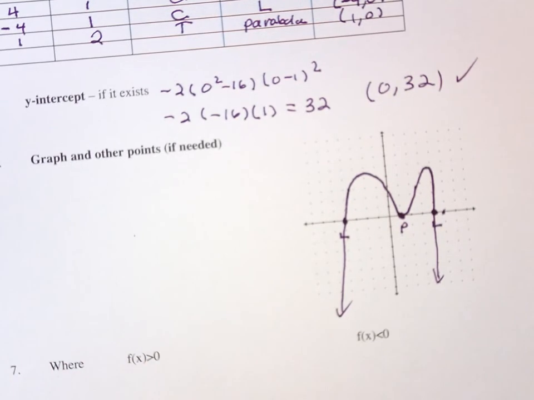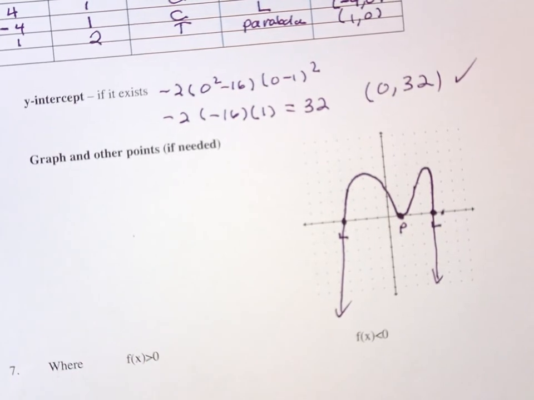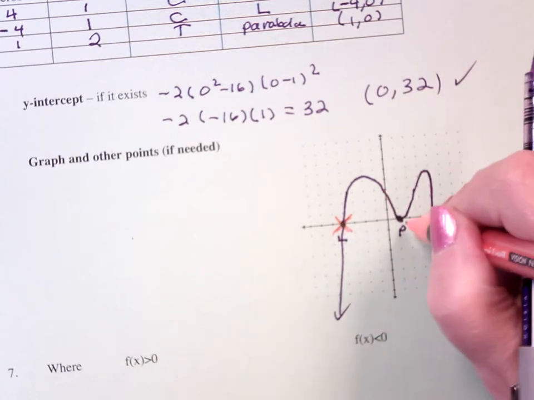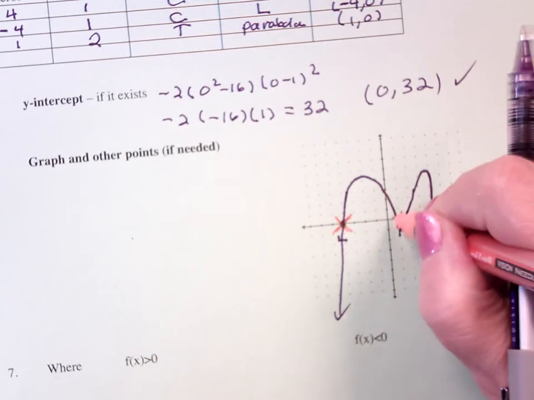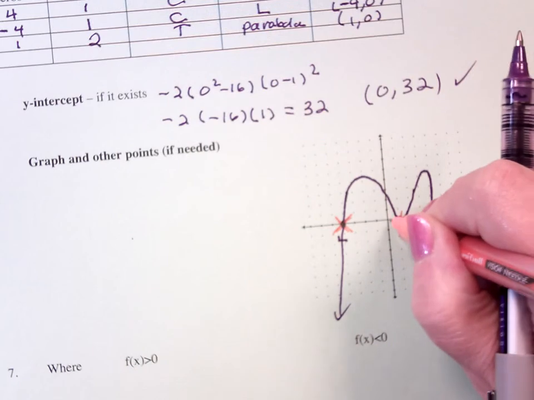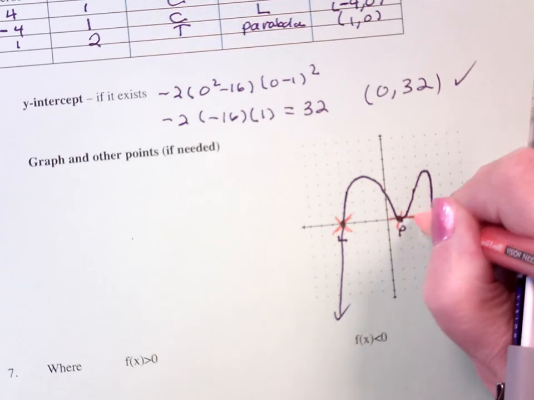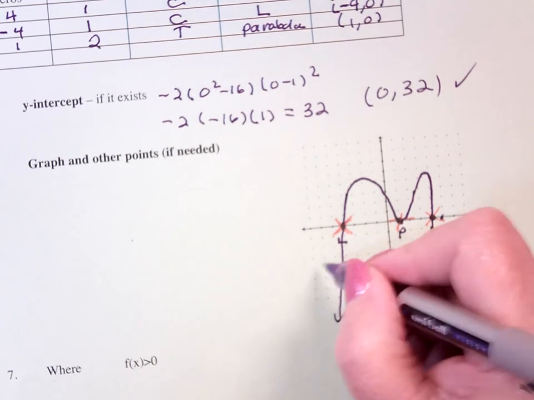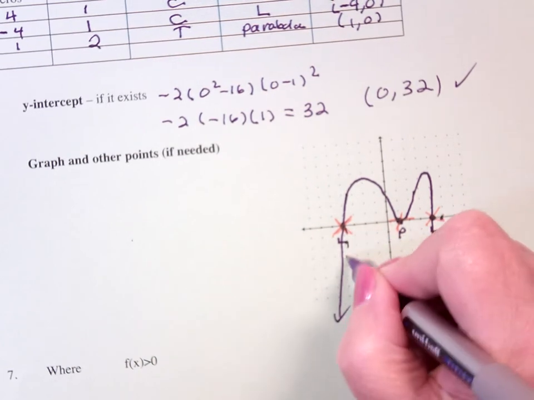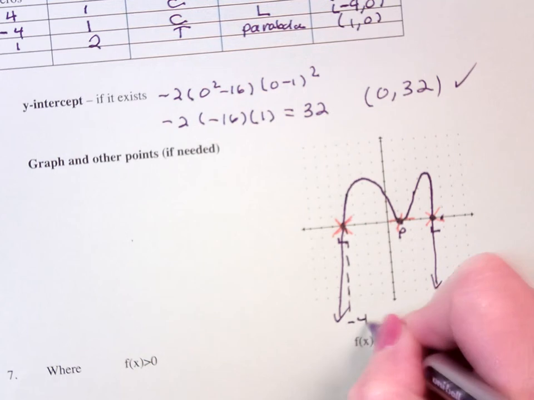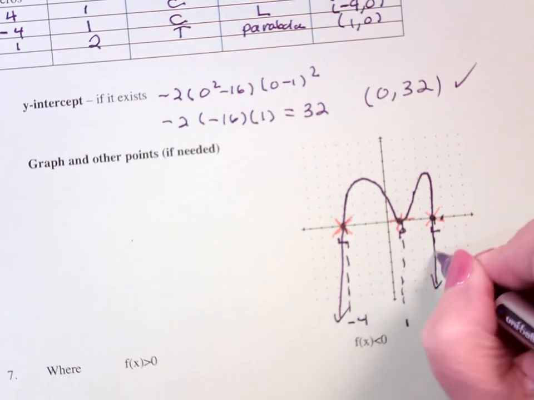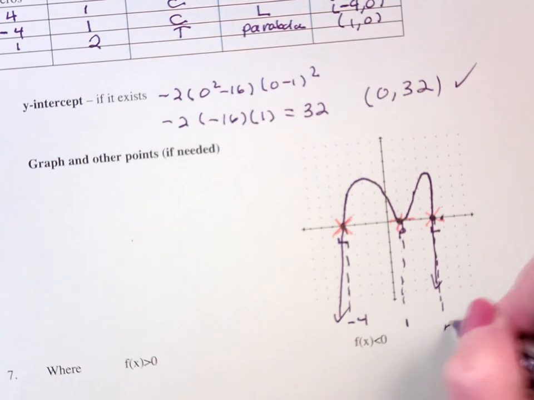So now we take a look. Notice the x-intercepts: negative 4, 1, 4.